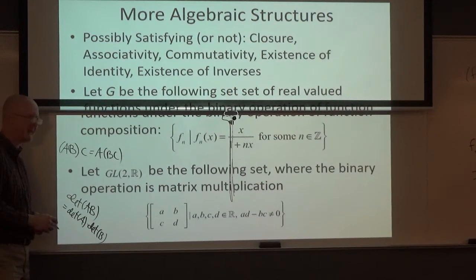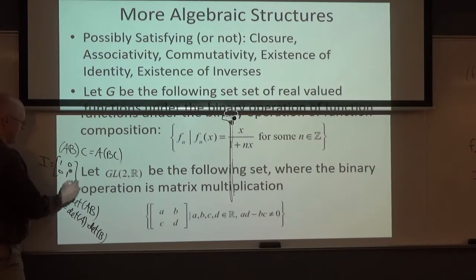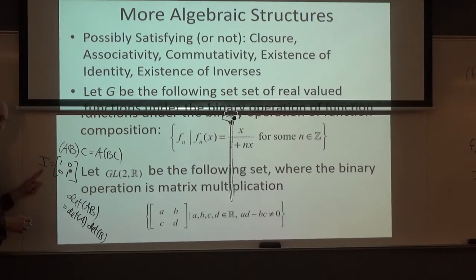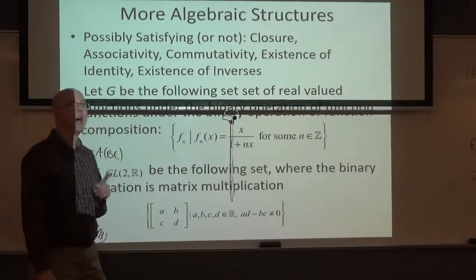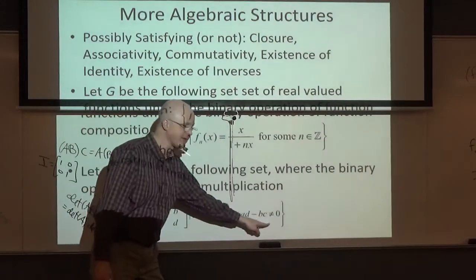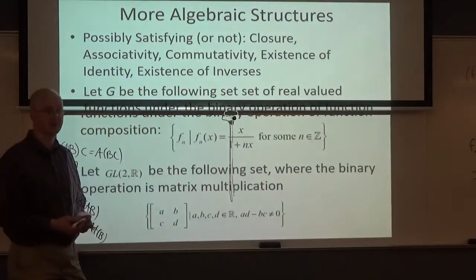Identity? What do you think the identity is? The identity matrix. We usually call that I. 1, 0, 0, 1. Can you see that? It's too dark. Okay. And such non-singular matrices with a non-zero determinant have multiplicative inverses.